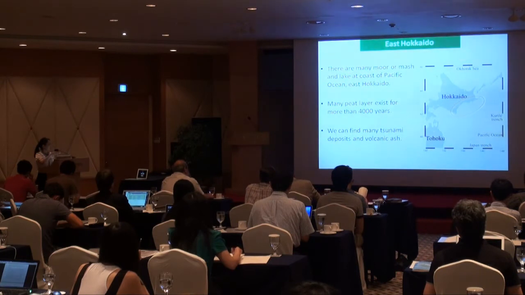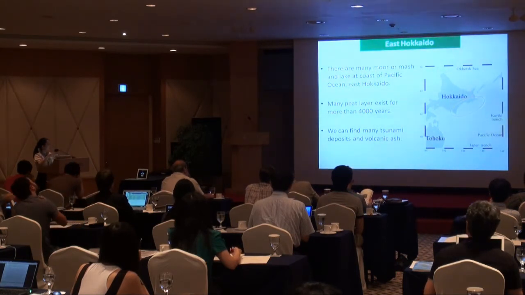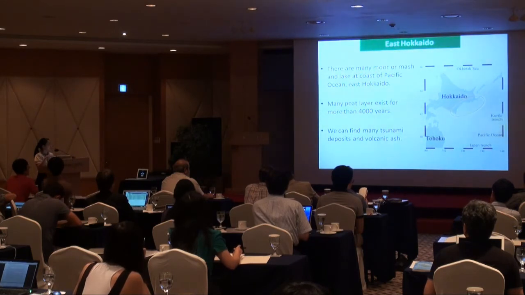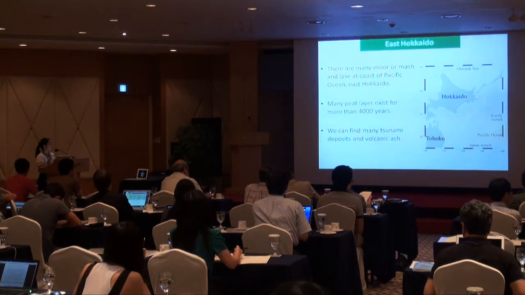Focus on this area, the coast of the Pacific Ocean, East Hokkaido. Many moors, marshes and lakes can be seen, so many peat layers exist for more than 4,000 years.